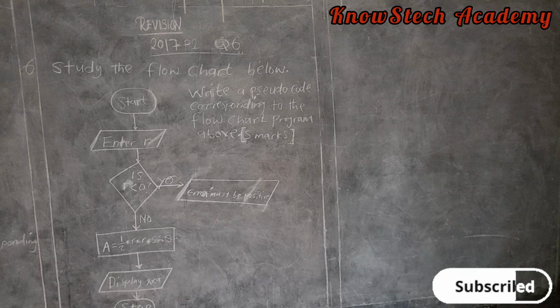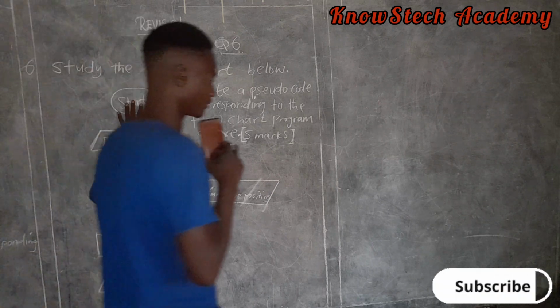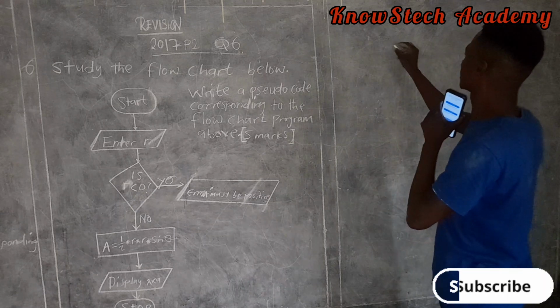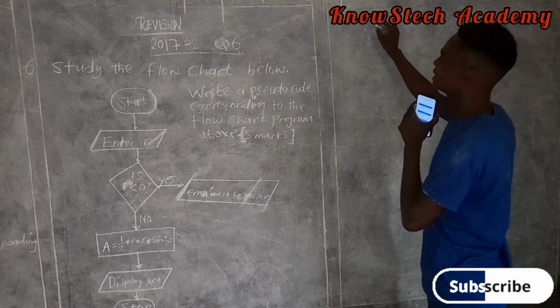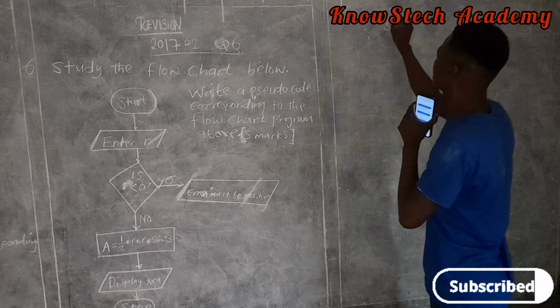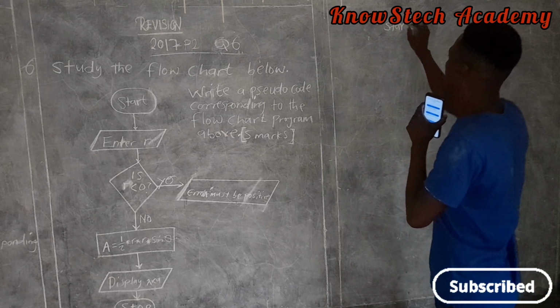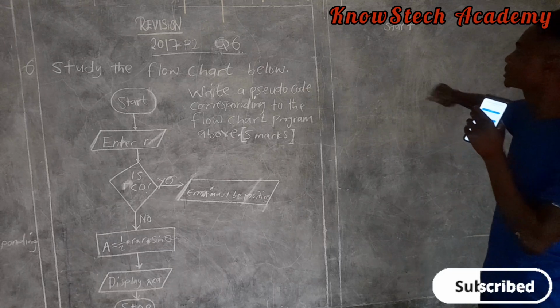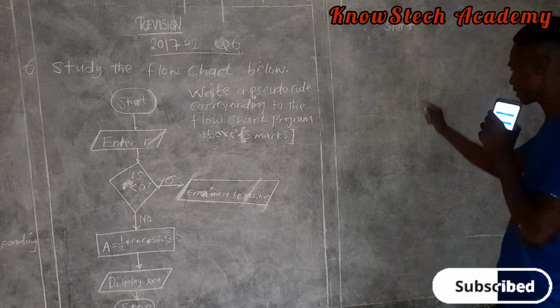All right, so the first one, of course, is start. So we are going to write start. So this is 2017. Remember, when you're writing a pseudocode program, you use a C shape.